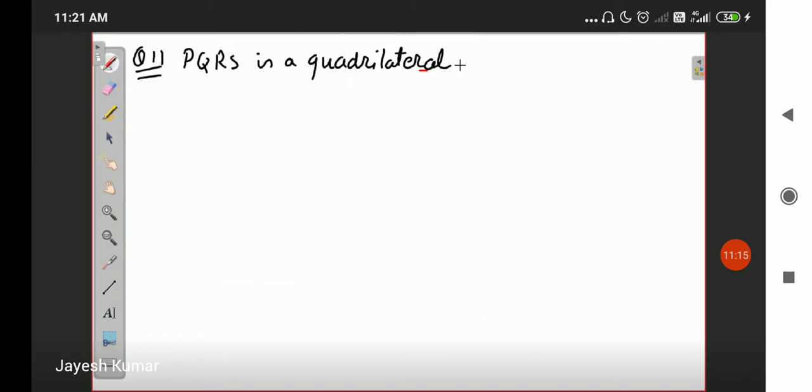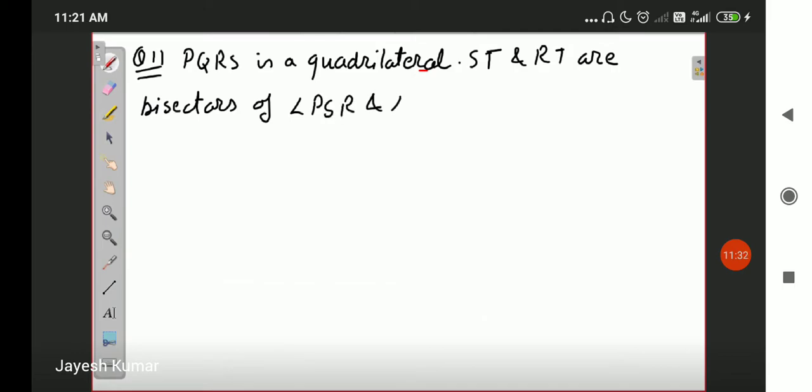ST and RT are bisectors of angle PSR and angle SRQ respectively.